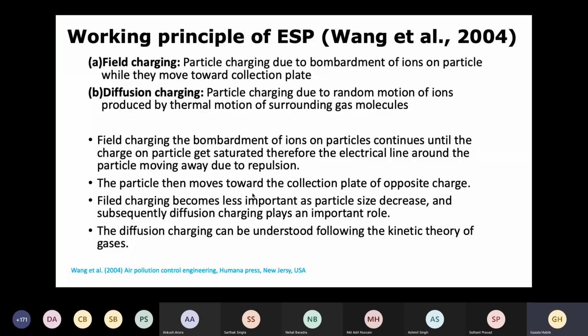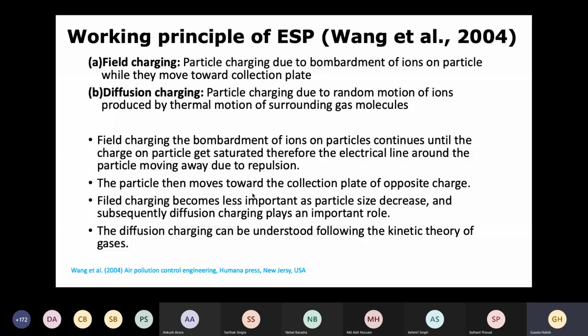Now, in field charging, the particles are bombarded by the ions, and it continues until the particle is saturated with negative charge, and therefore the electric field lines around that charged particle will change their direction because of the repulsion. So this field charging process makes the particles saturated with the charge.